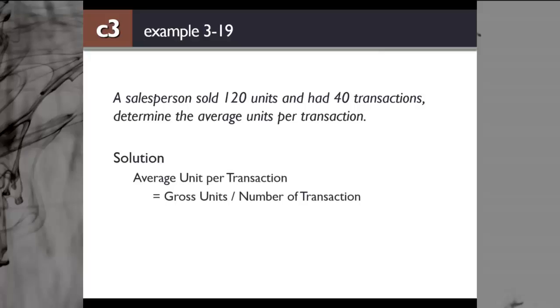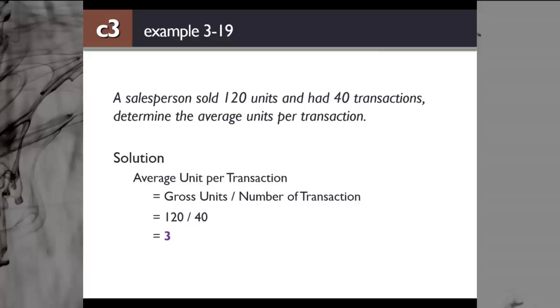So it's gross units divided by number of transactions. That is 120 divided by 40, and what you will get is 3. So the average units per transaction is going to be 3. So at least you sell about 3 at a time.